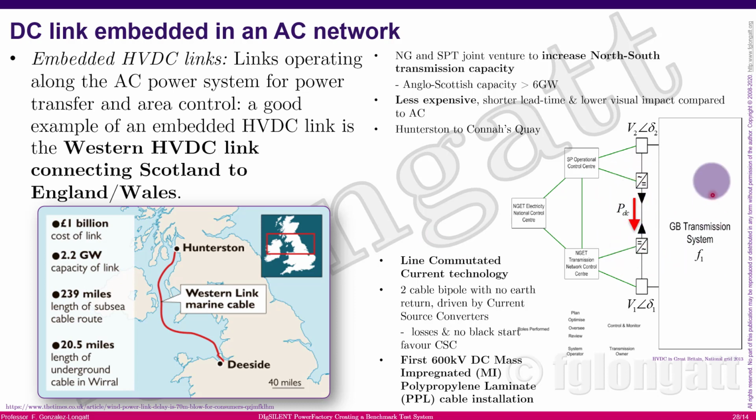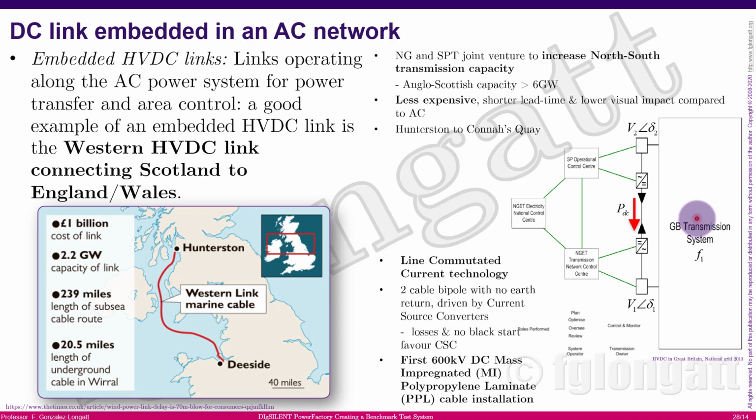The idea is that we want to take the advantages of having the AC system in parallel with this HVDC link. The idea is to increase the power transmission capacity between the north and the south, and that is one of the objectives: increasing the Anglo-Scottish capacity by more than 6 gigawatts. But also, the undersea cable looks like a better solution when we have to reduce the visual impact and also other kinds of environmental issues.